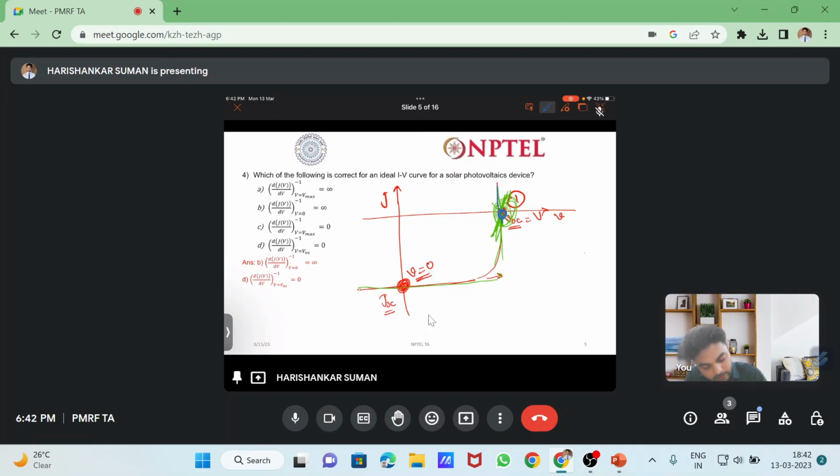A straight line, just straight, at the curve. The slope is 90 degrees. So take the inverse of the 90 degree slope. dv by dj gives us tan theta.